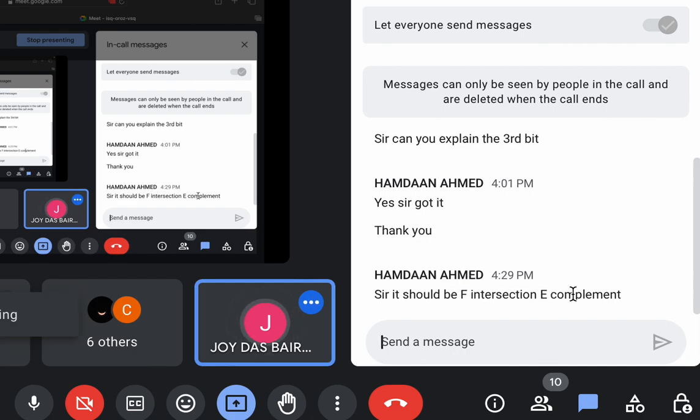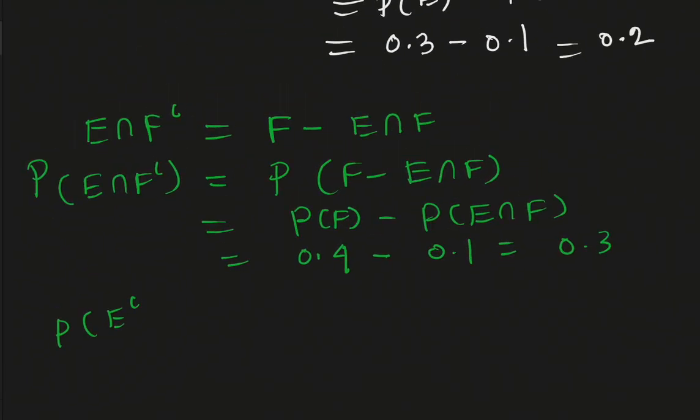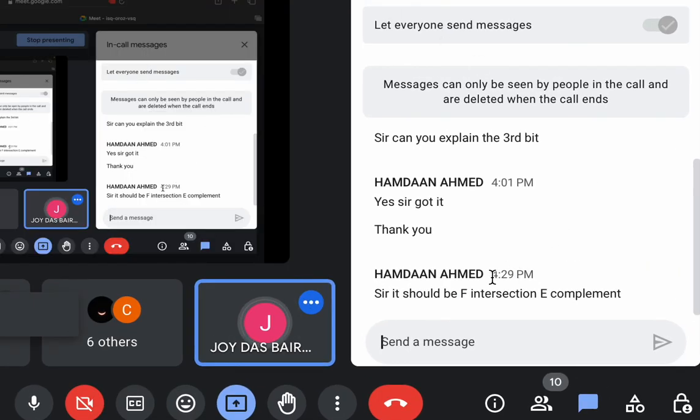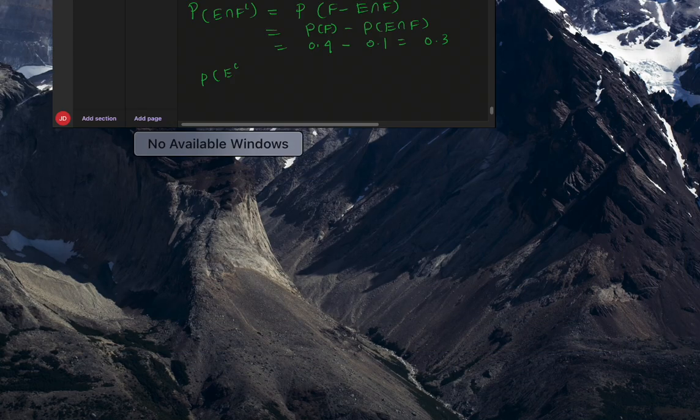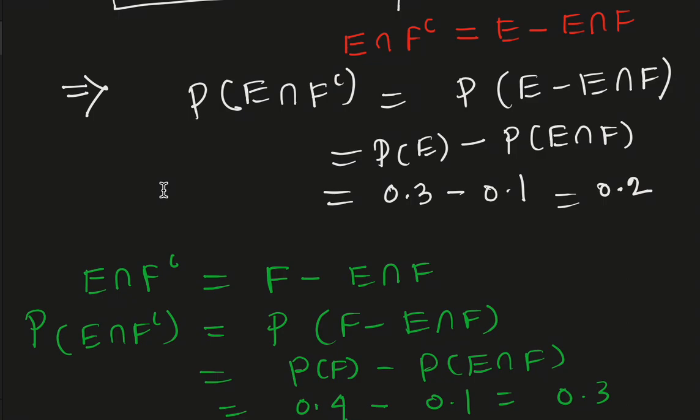Ahmed raised a point that when we calculate that E intersection F complement, right?